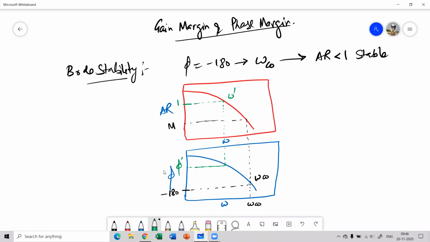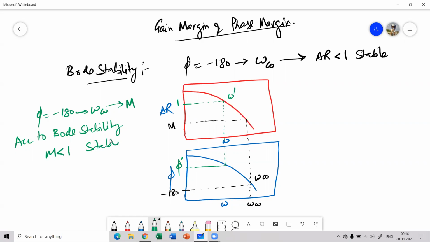So this means that for phi equal to minus 180, we have crossover frequency omega C naught, and corresponding to this crossover frequency, we have an amplitude ratio whose value comes out to be M. So according to Bode stability, M should be less than 1 for the system to be stable, and for unstable, M should be greater than 1.